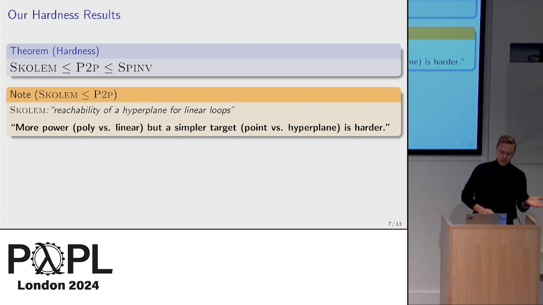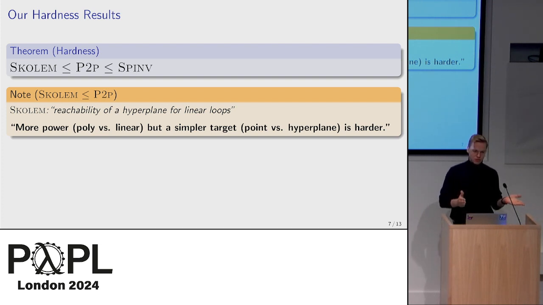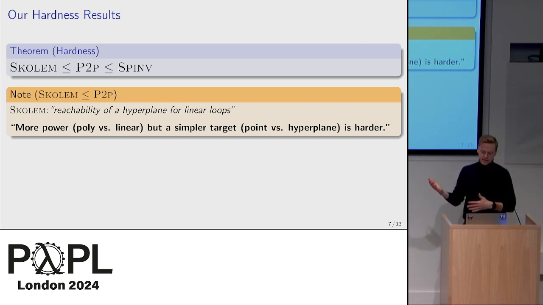And when going from Skolem to polynomial loops, we increase the expressiveness that we allow in the loop body from linear to polynomial, but we simplify the target from a hyperplane to a point. But still, basically the increase in expressive power in the loop body takes over, and we show that reachability for polynomial loops is harder than the Skolem problem.